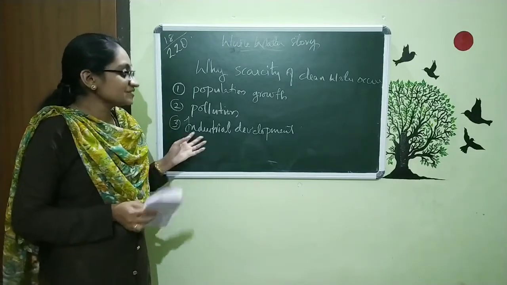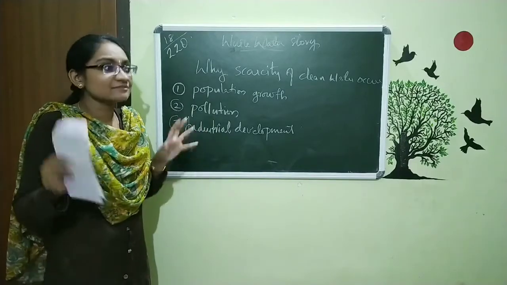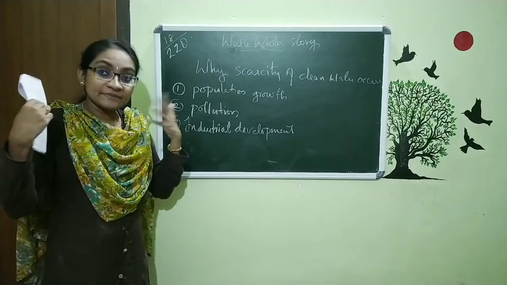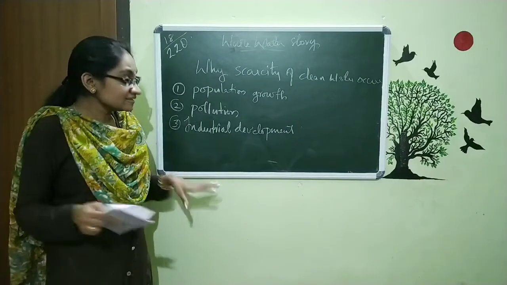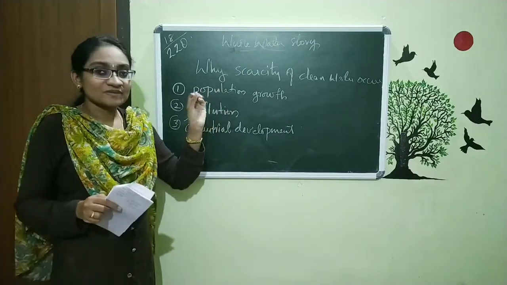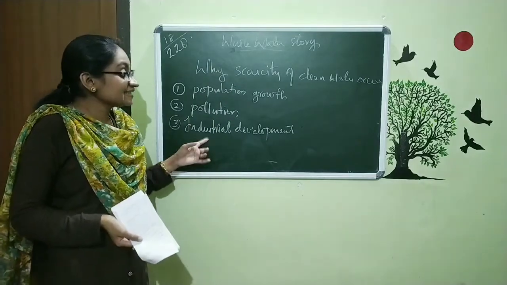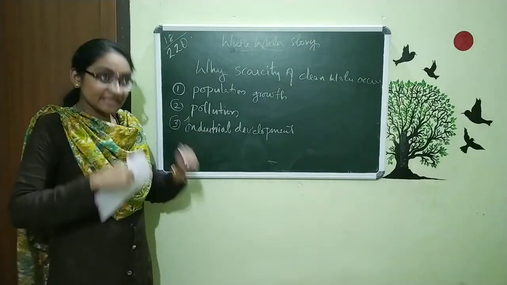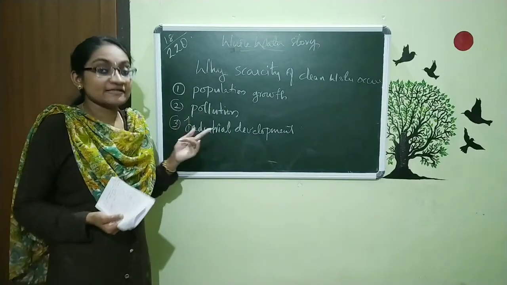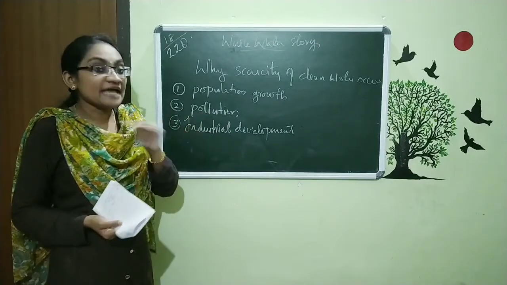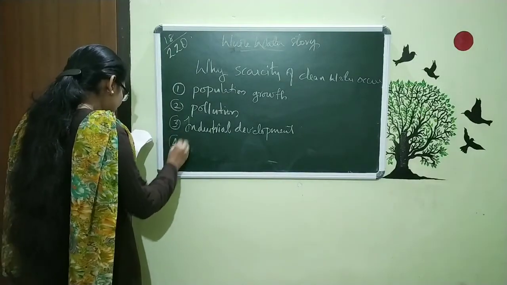But the problem is this: for working these machines we are using different types of chemicals, and also some harmful things are being released to the surroundings, to our water, to the atmosphere and all, and this causes some sort of damage to our water and to human beings. So we can say industrial development: day by day our industries are getting developed, and because of that development it damages our water. So that is the third point. The fourth point is mismanagement.